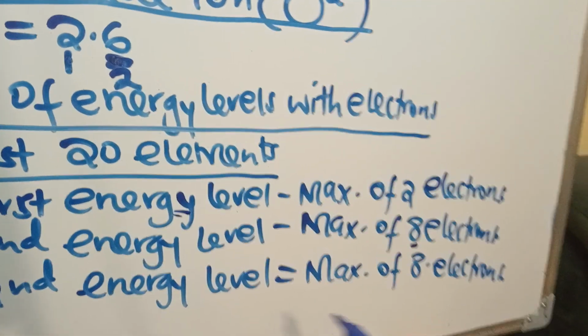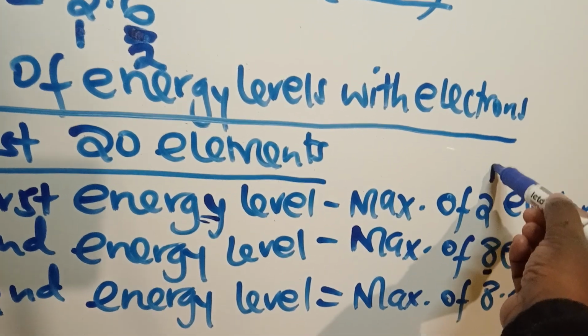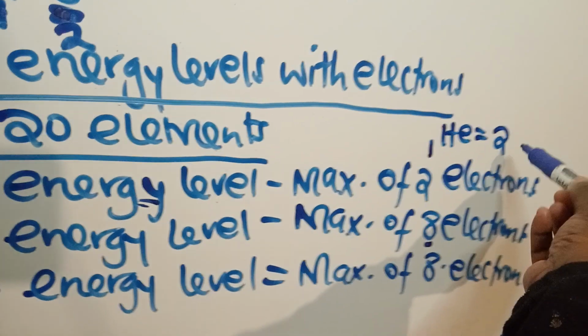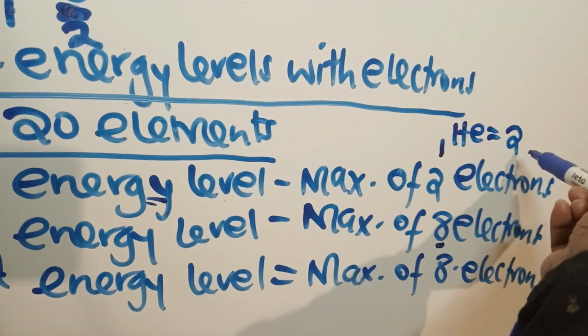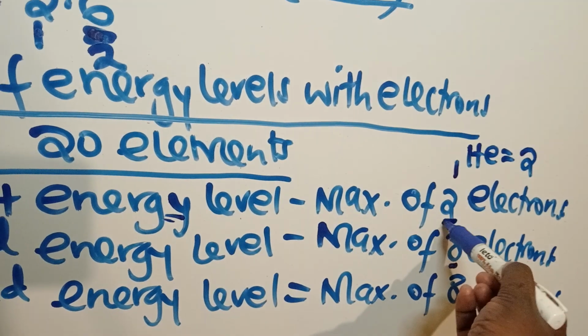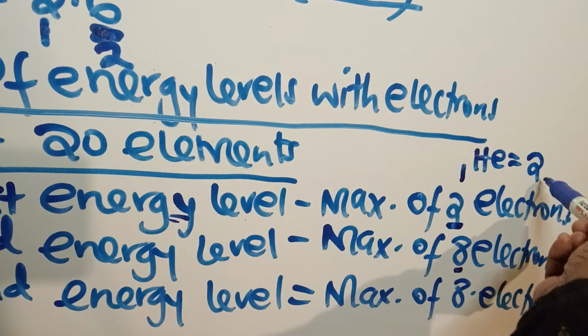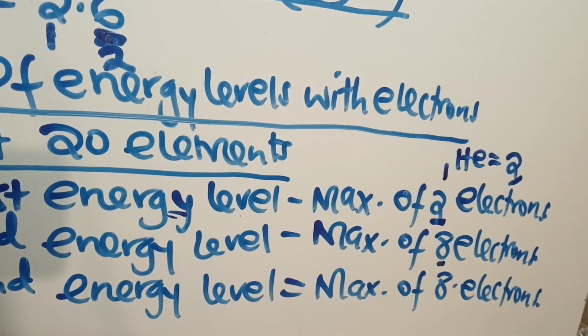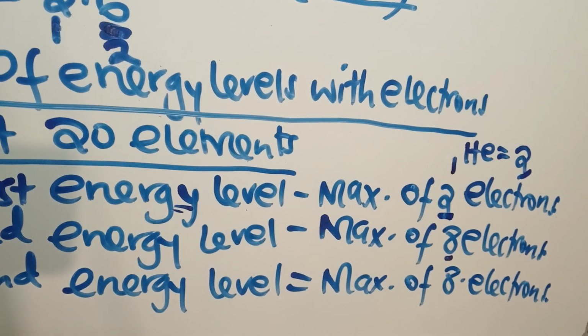For example, when you think of helium, which has the electronic arrangement of 2 and just 2, it has a maximum of 2 electrons in its outermost energy level, so it is stable. And if it is stable, that means it is in group 8.